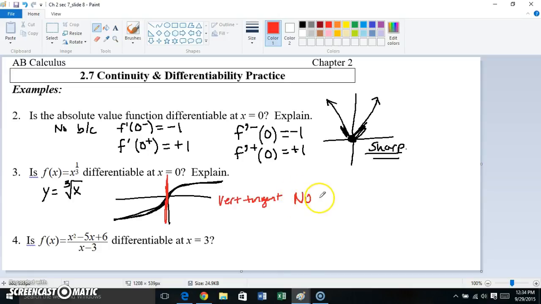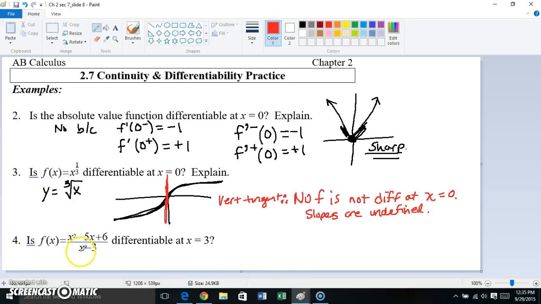So no, f is not differentiable at x equals 0. Slopes are undefined.